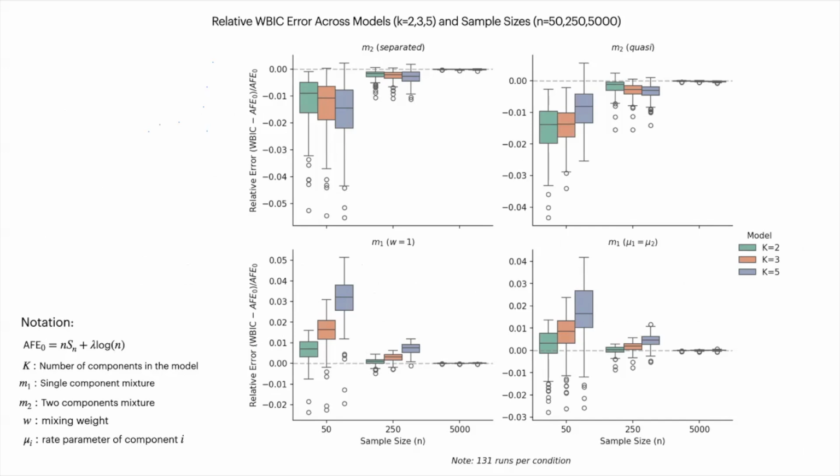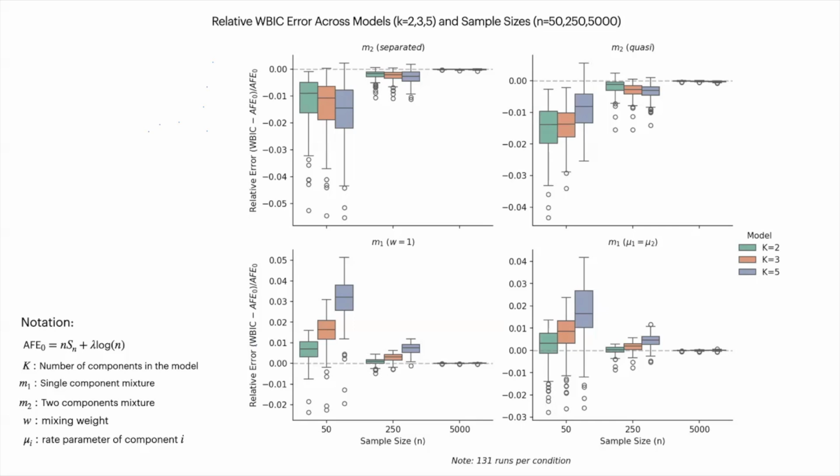One reason we chose the Poisson mixture is that we know the RLCT values for all possible nestings. So here we're comparing WBIC against the asymptotic free energy, the approximate free energy, but not under the MLE; it's under the truth, since we know it. So you get this AFE0, which is n times the entropy of the sample plus lambda log n. And since we know lambda, we can actually measure from it.